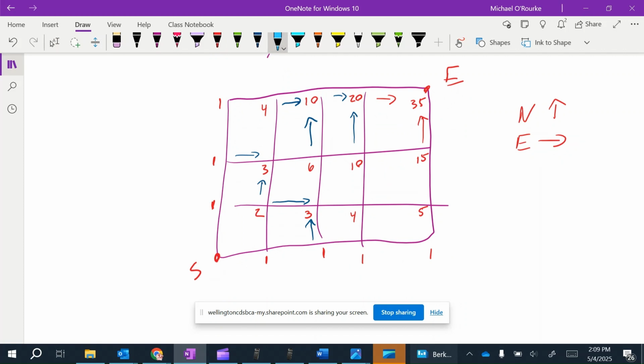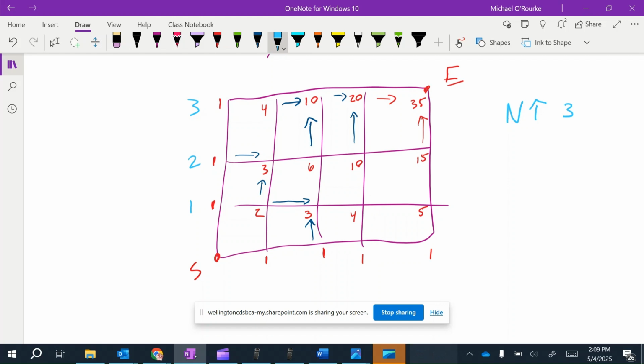What color should I use? Let's use this one. Now, if you think about it, it doesn't matter when you go north or east. You have a certain number of north moves to make and a certain number of east moves to make. If we consider our north moves, we have to go north 1, 2, 3 times, so we have to make 3 north moves.